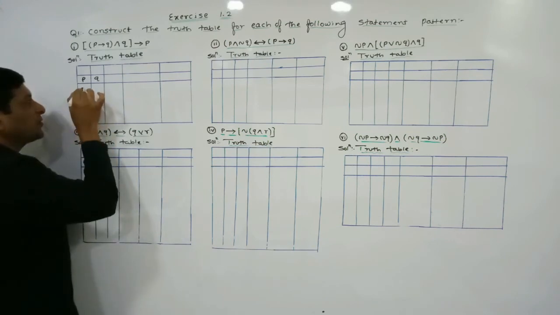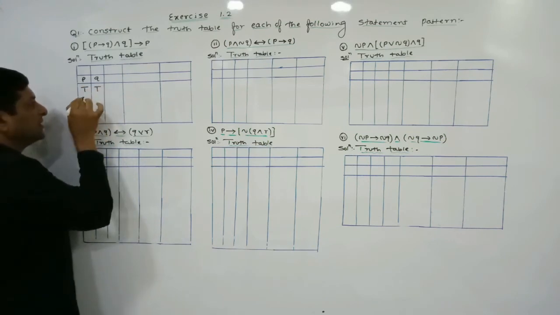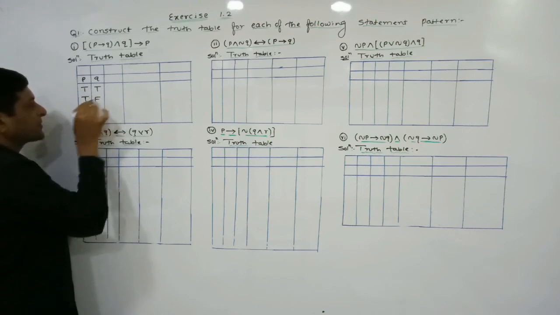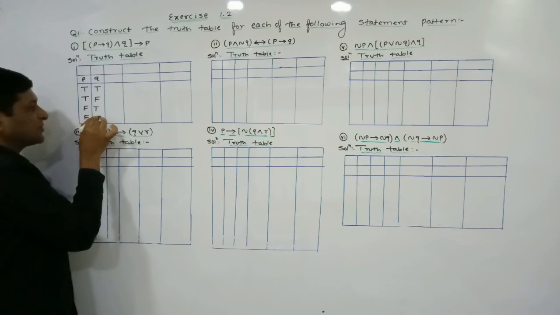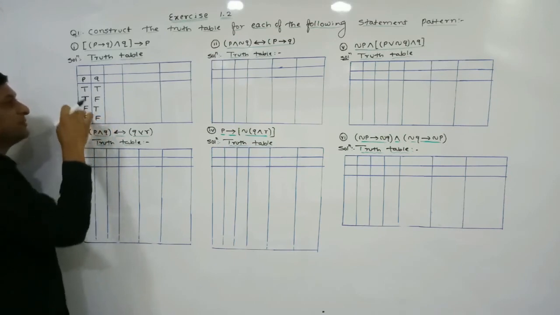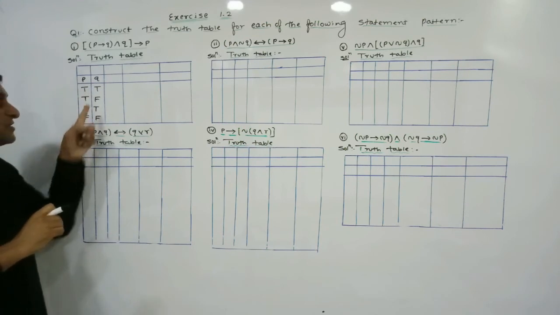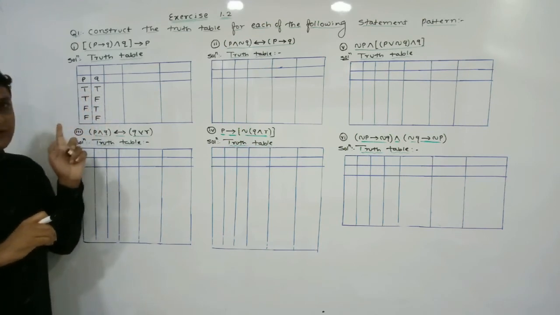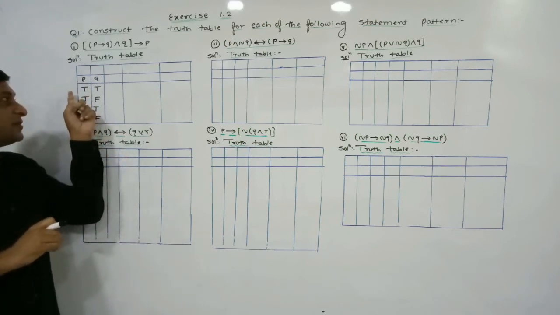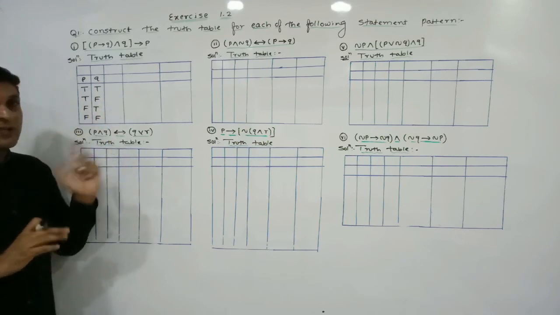Which are these 4 possibilities? True true, true false, false true, and false false. So write down these possibilities in this form: true, true, false, false; true, false, true, false. Otherwise remember it this way: TT, TF, FT, FF.